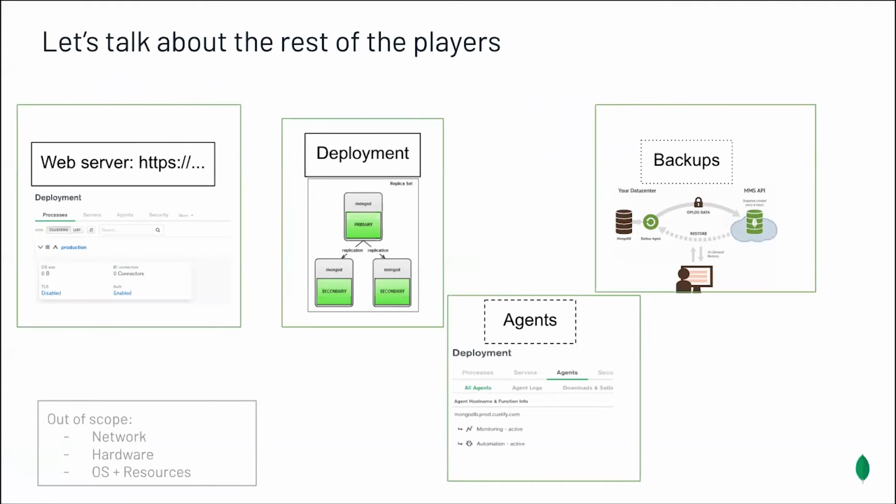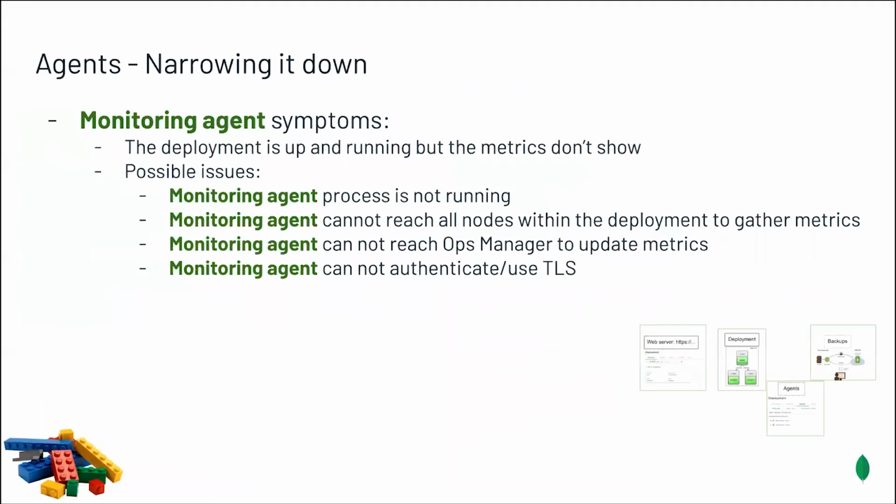Okay, so that was for deployments. Now we'll talk about the agents part. As I mentioned, we have three agents: monitoring agent, automation agent, and backup agent, in case you have backups. In case the problem is in monitoring and the symptoms are your deployment is up and running, but you don't get metrics, or it shows in Ops Manager as down, that might point to a monitoring agent problem.